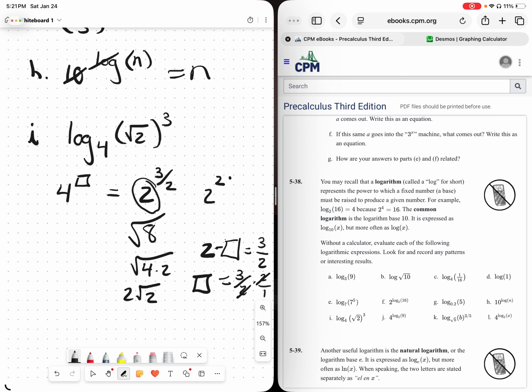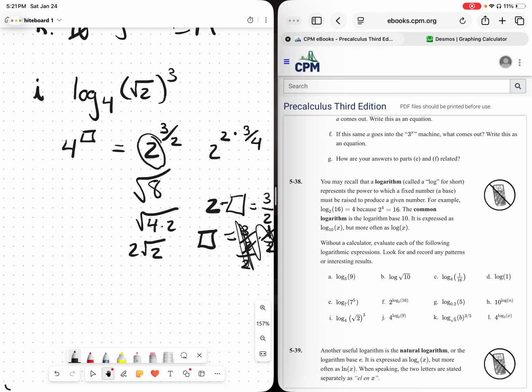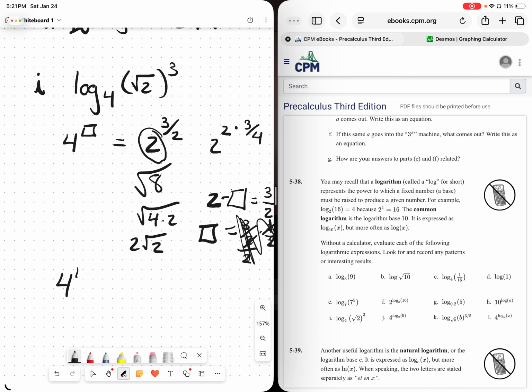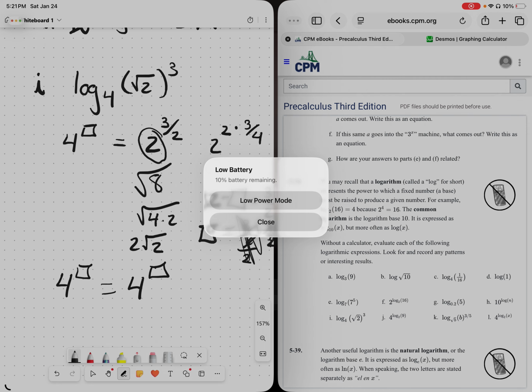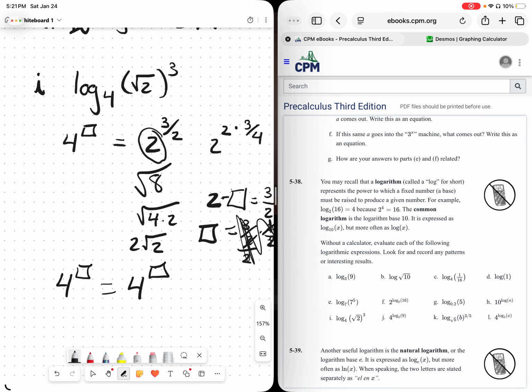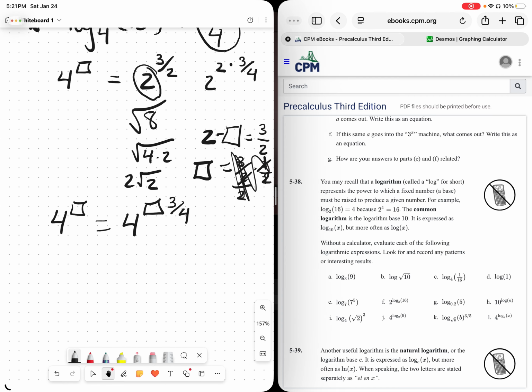Sorry, I didn't do that right. Divided by 2, sorry, that's times 1 over 2. That would be 3/4, right? So then, what would this look like? Okay, so this could be 4 to what power equals 4 to the 3/4, right? And so 3/4 is my answer here to make this work, right?